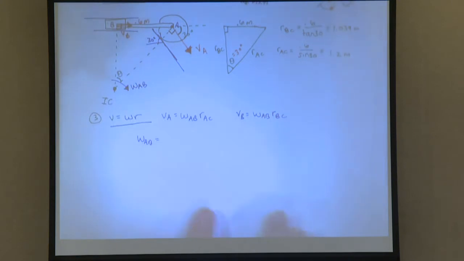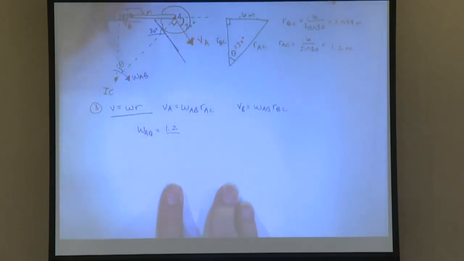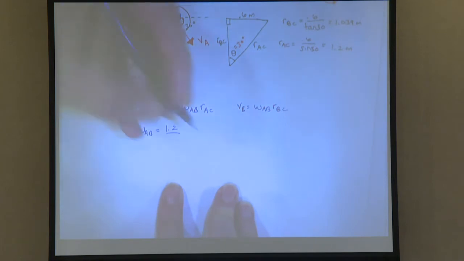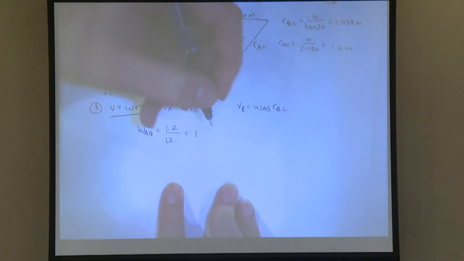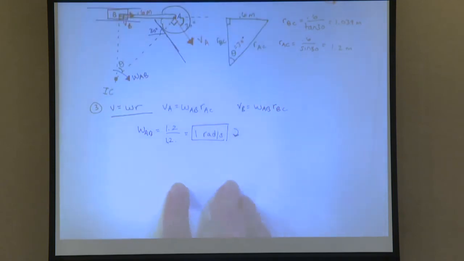So omega AB is going to equal 1.2 divided by 1.2. That's weird. And that equals 1 radian per second. Oh, and that's going clockwise.